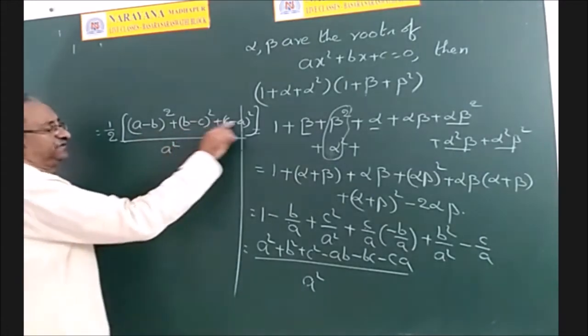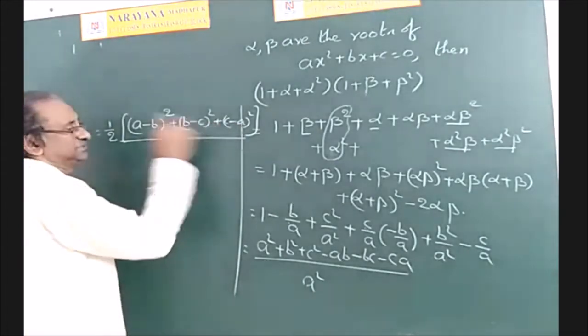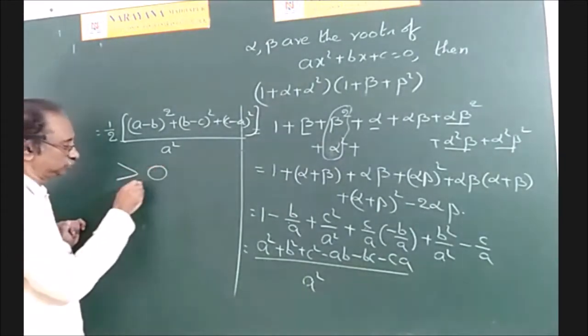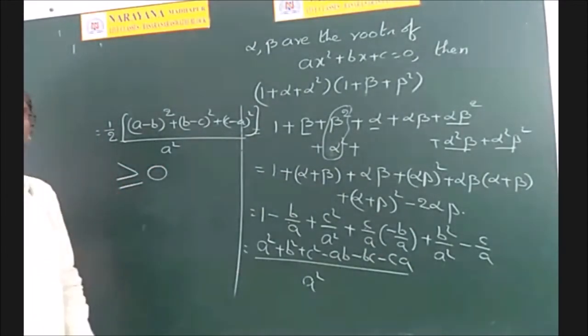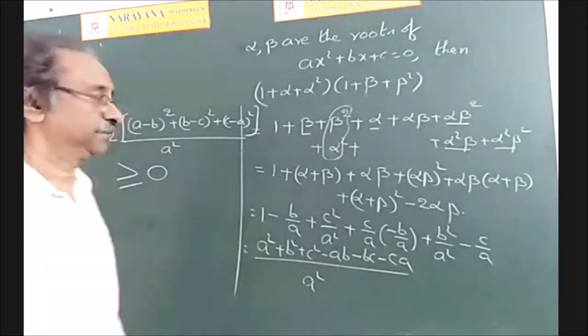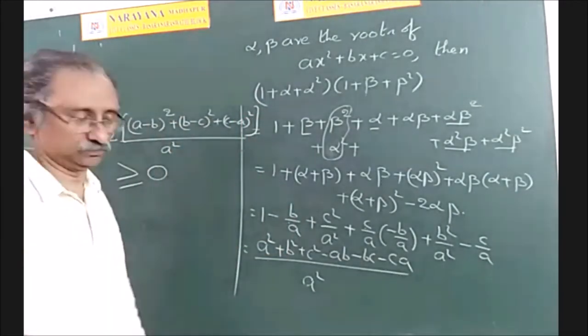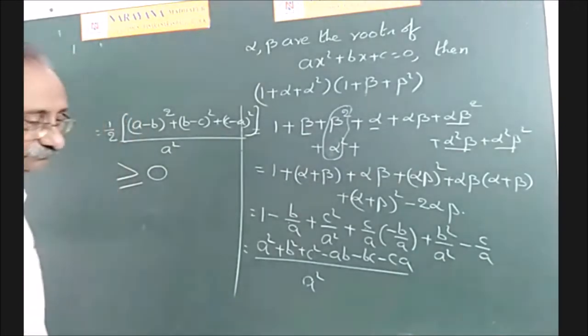These are perfect squares and there is plus in between them, so it cannot be negative. It may be greater than 0 or equal to 0. So this expression can never be negative.